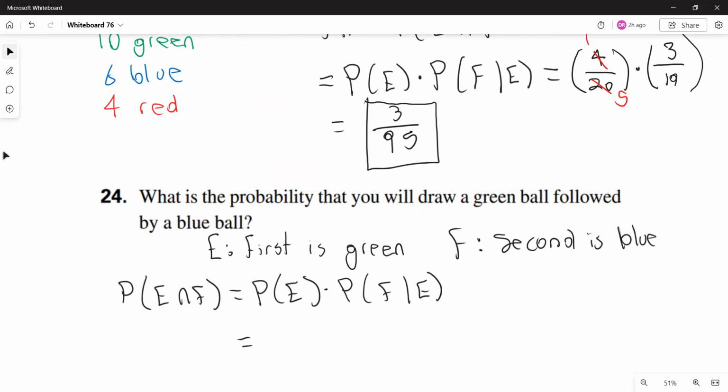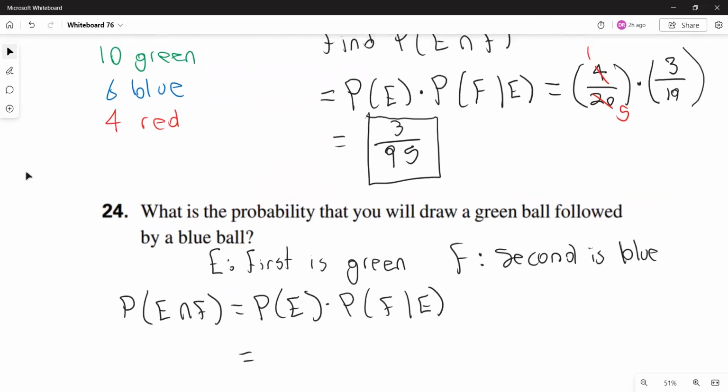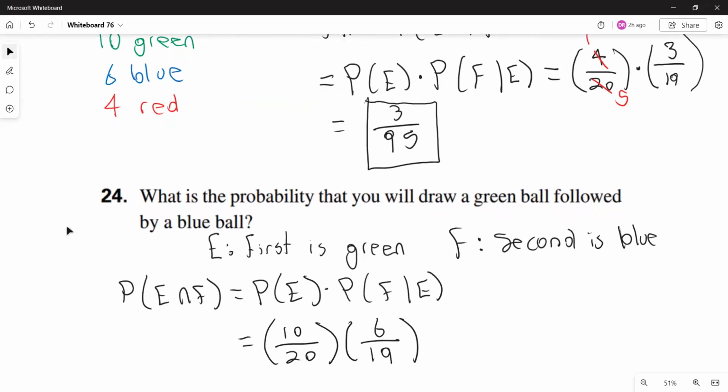The probability that the first ball is green: initially, there are 10 green balls out of 20. And if the first one was green, there are still 6 blue balls left out of 19. So there are 19 balls remaining, but still there are 6 blue balls remaining. So we can reduce this fraction, that 10/20 simplifies as 1/2.